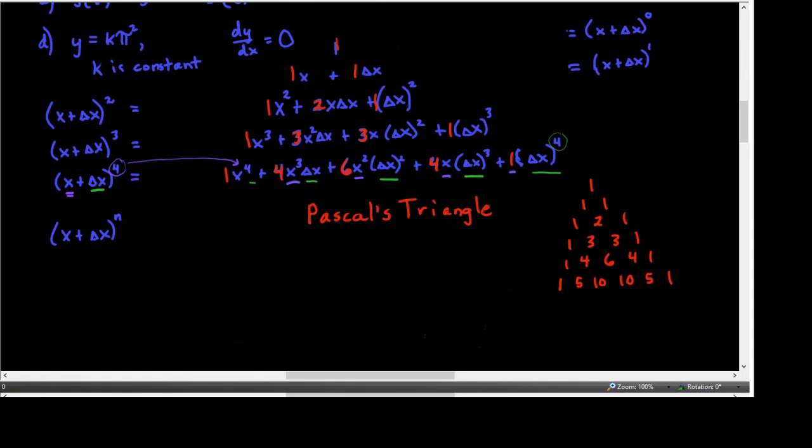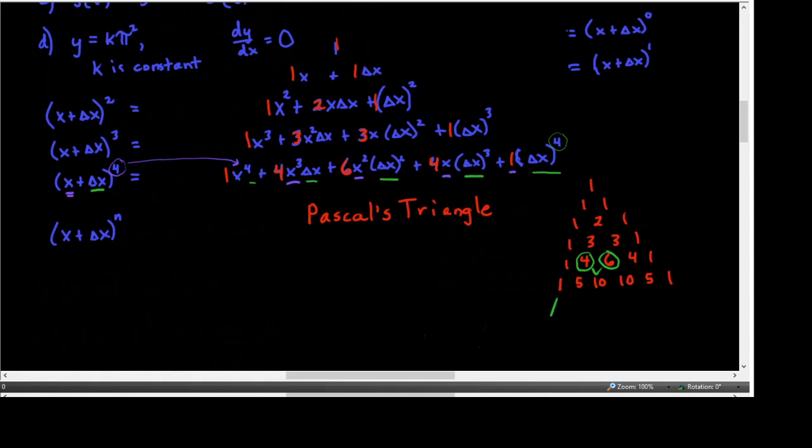Well, as it so happens, if you take any two numbers in the triangle that are next to each other, like 4 and 6, and add them together, that sum is between them in the next row down. So look at every single number there. It's the sum of the two numbers above it, except for, of course, the edges of the triangle, which are 1s.